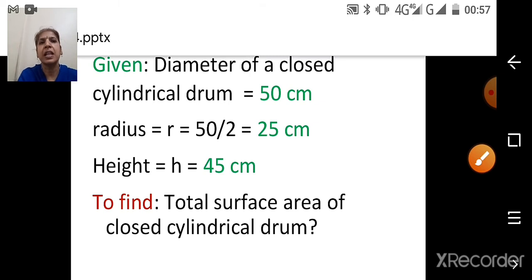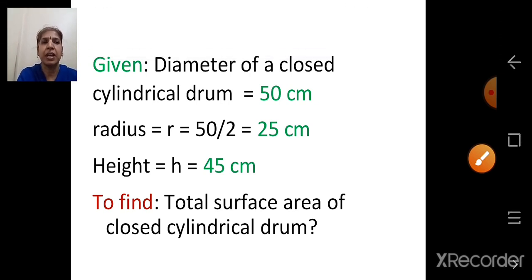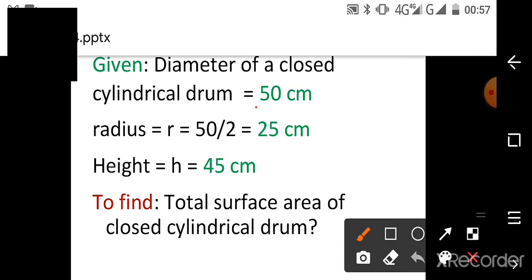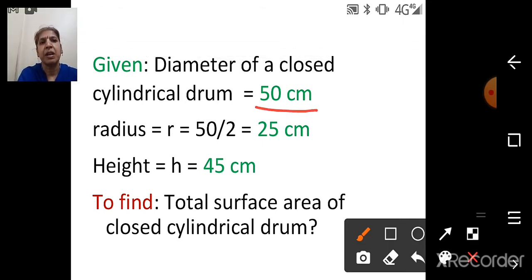So let's continue. First thing is given. Given is diameter of a closed cylindrical drum. And what is the diameter given? It is 50 cm. But in the formula we require radius, right? So we have to find radius. Radius r is equal to half of diameter.